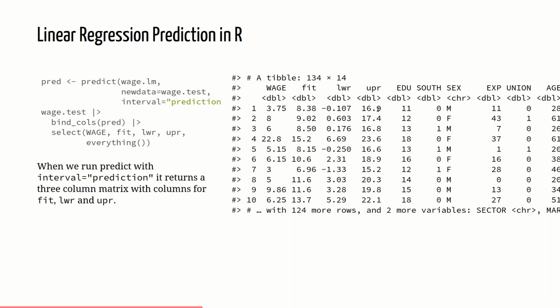Perhaps they should ask for a pay rise. But the uncertainty interval is massive, right? So we're 95% confident that their wage is somewhere between minus $0.1 an hour, which of course is absurd. No one would pay to work, right? Up to $16.90 an hour. They actually get $3.75, right? So we've got a massively imprecise set of predictions here.